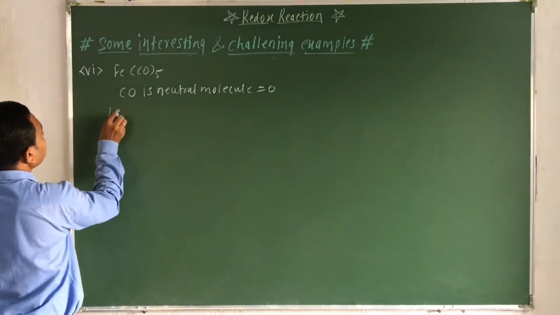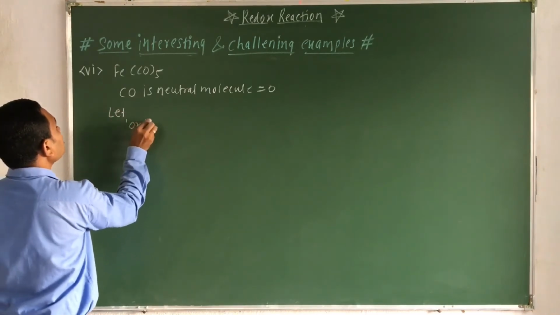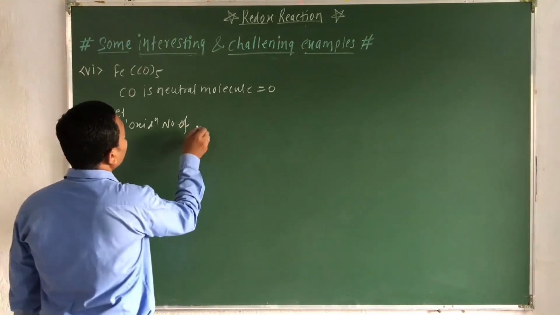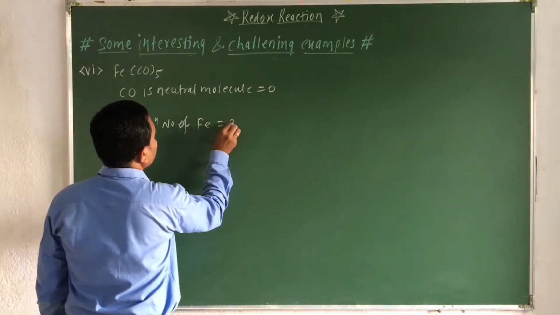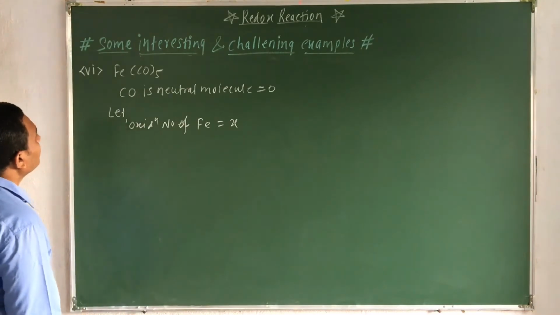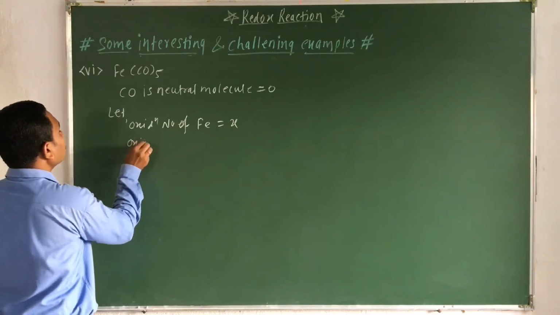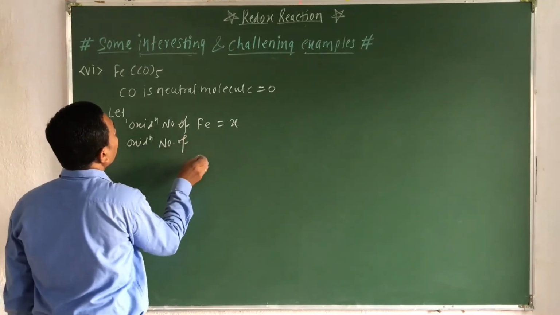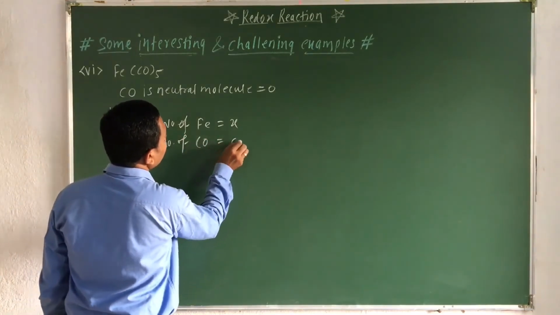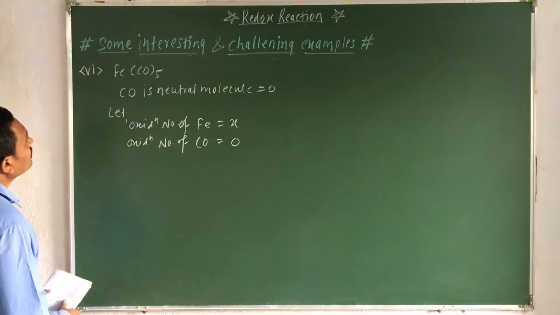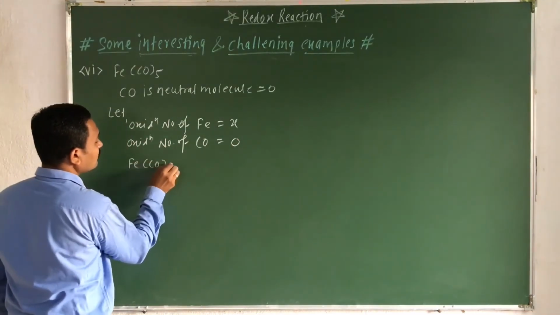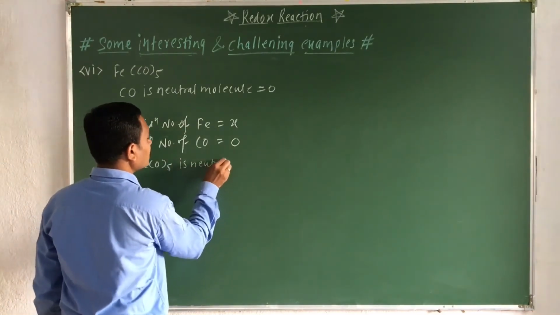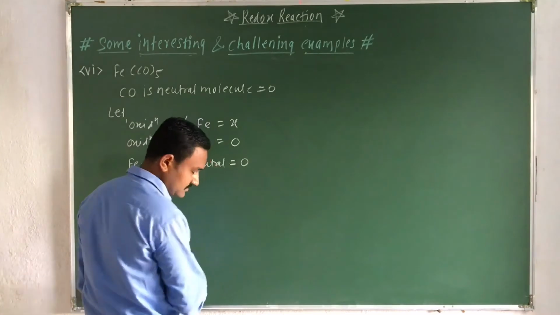So let the oxidation number of Fe be X, and the oxidation number of carbon monoxide will be 0. The Fe(CO)5 molecule is neutral, which is equal to 0.